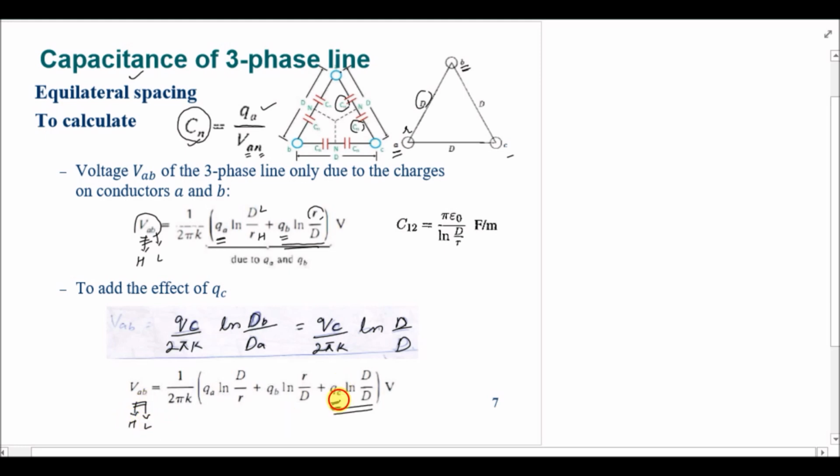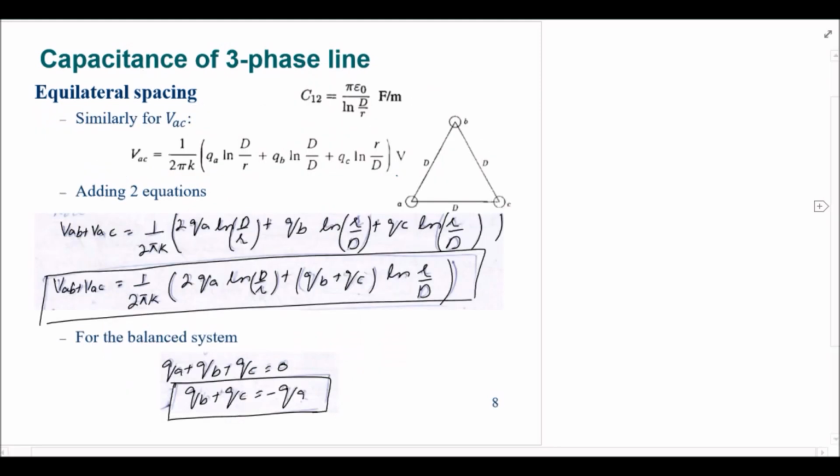Now for QC, A and B both have the distance D from conductor C. So in the numerator and in the denominator we have D in both cases, because the high potential point has a distance D from conductor C and the low potential point also has the distance D from conductor C. So this is the VAB value when we have all the conductors considered.